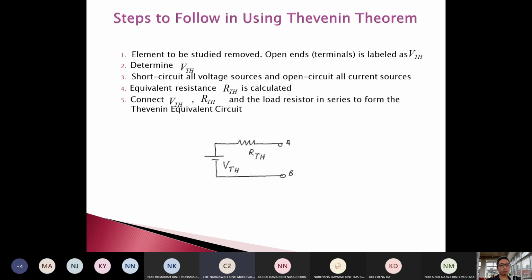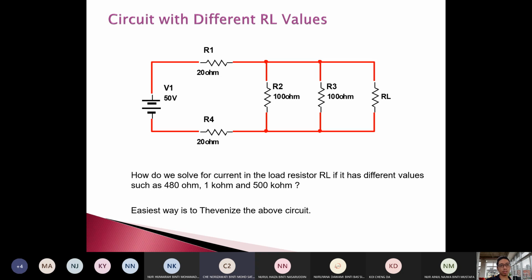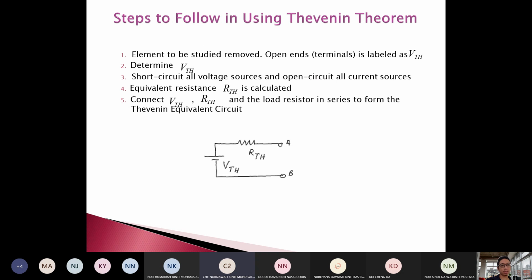The way you can solve using the Thevenin theorem: let's say you have a circuit here with the element to be studied, RL. You remove it, so this circuit will be open, and the open-end terminal is labeled VTH, which we need to determine.